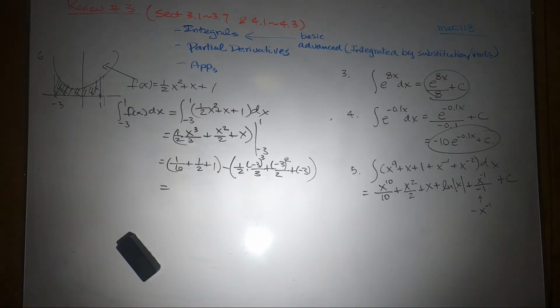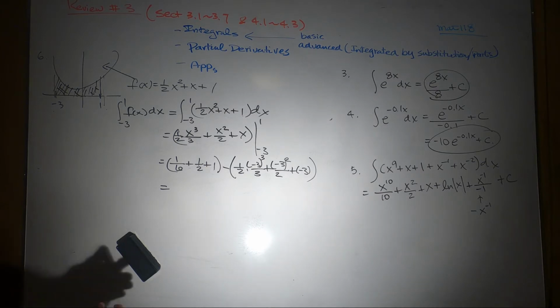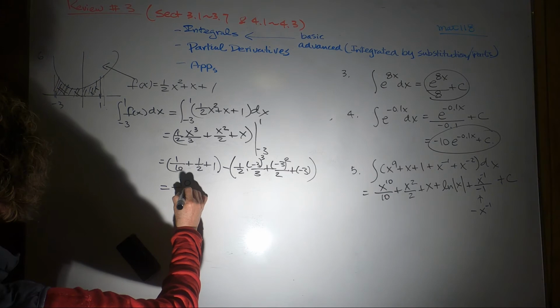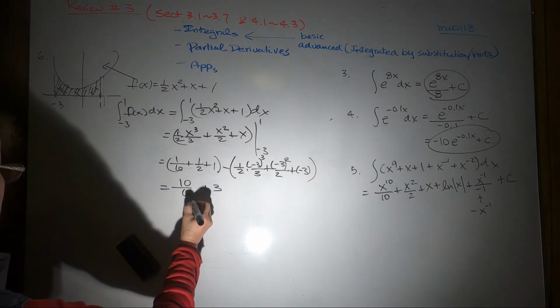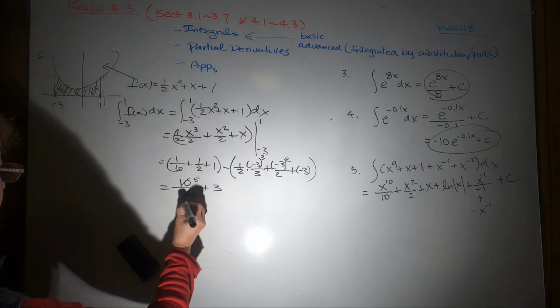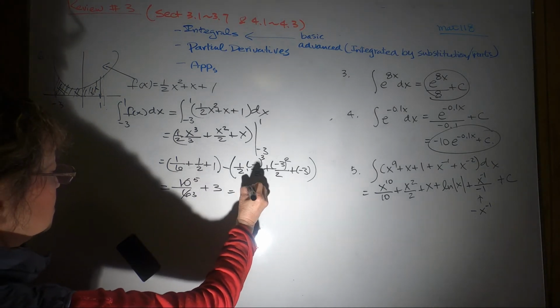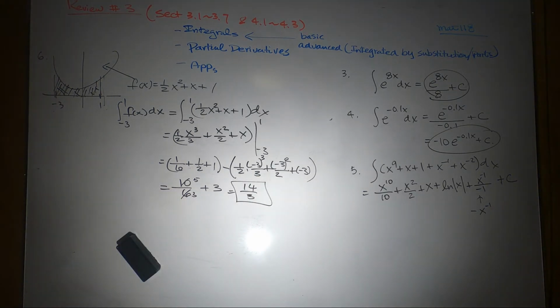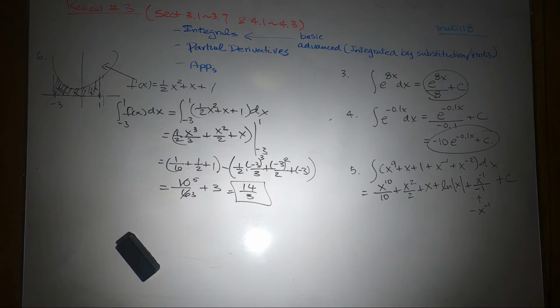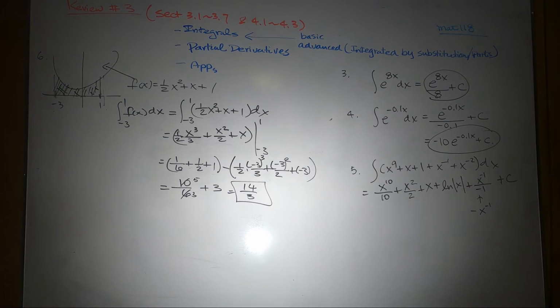You just do your fractions, or you can use a calculator if you know how for the fraction. Then that would be 3 and 5 there. Then you add them. So that would be your answer to practice what? Definite integrals. Right?